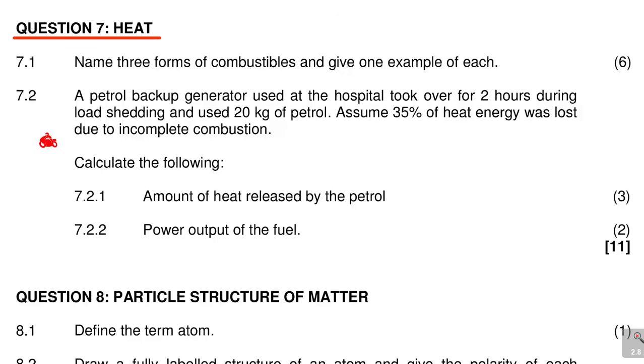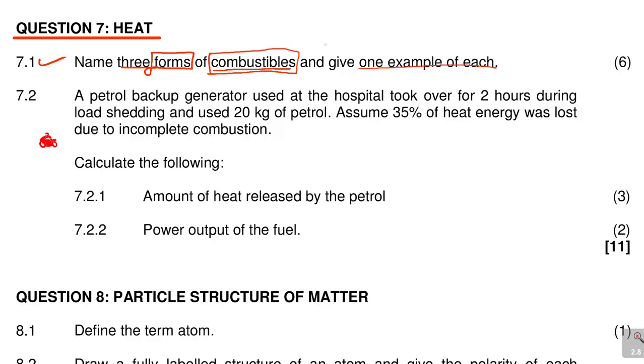It says 7.1 here. We are supposed to name 3 forms of combustibles and give 1 example of each. When you're going through this topic, you will come across combustibles, mainly fuels. So there are 3 forms. The keywords you need to take note of are forms as well as combustibles, more like 3 forms of fuel.